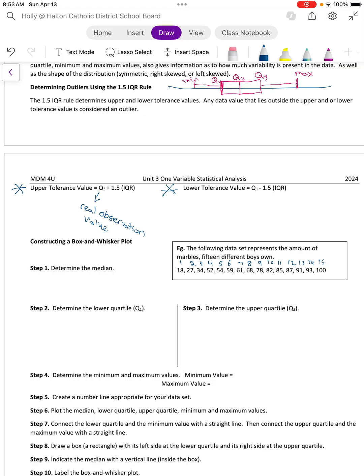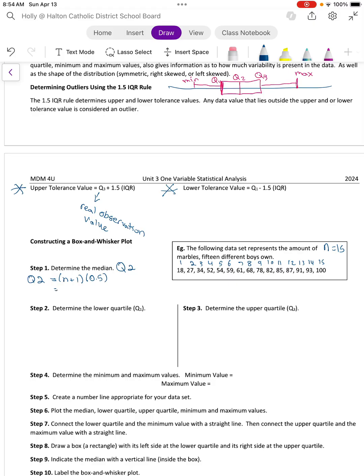So I'm looking at the median. You can just look through your data and find the median. I'm going to show you the formula. Remember, the median is your Q2. So Q2, remember the formula from the first page, is equal to n plus 1 times 0.5. In this case, n is equal to 15. I have 15 values here.